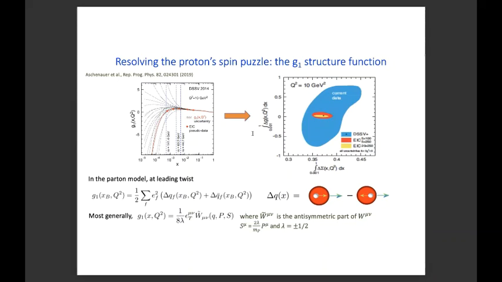In the parton model, G1 is the sum of the charge squares in different flavors times delta q_f plus delta q-bar_f, which is the difference between the parton distribution of the proton aligned along its direction or anti-aligned to its direction. So it's the number of partons in a polarized proton that are aligned in the direction of the proton or anti-aligned to it.